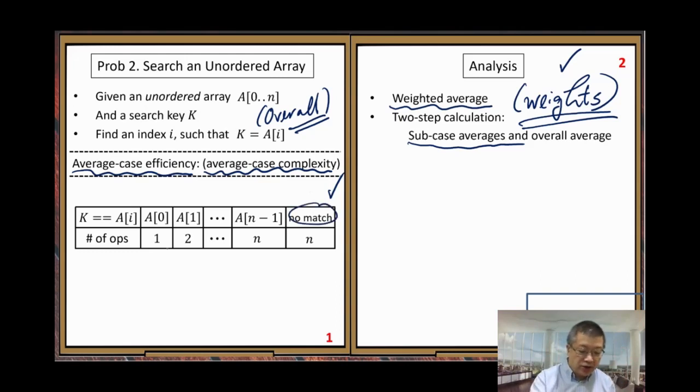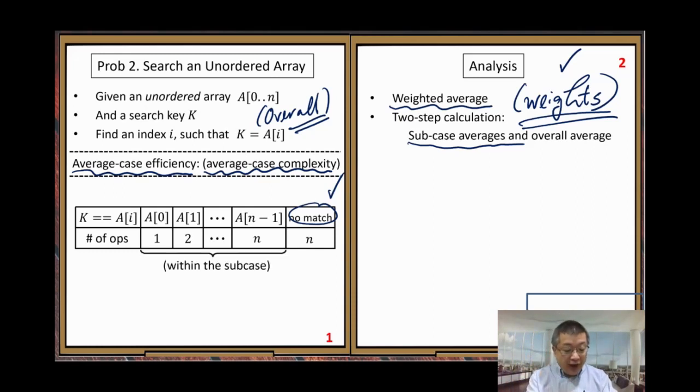But the hit case has n subcases and smaller cases, so that's another level of average. For that reason, we need to do a two-step calculation.